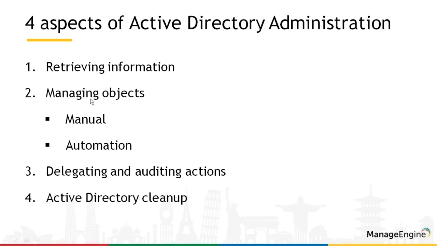The second one is they need to actually manage objects within the Active Directory infrastructure, like creating user accounts, adding users to groups, removing users from groups, resetting passwords, unlocking accounts. They have the manual way of doing stuff, and also the automated way of performing these operations, which is managing objects.